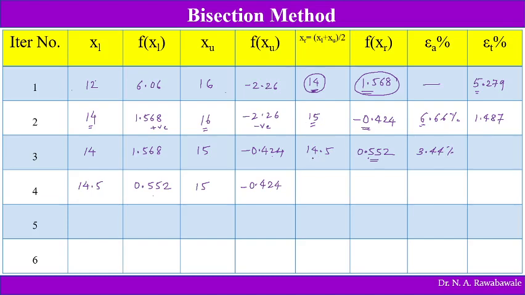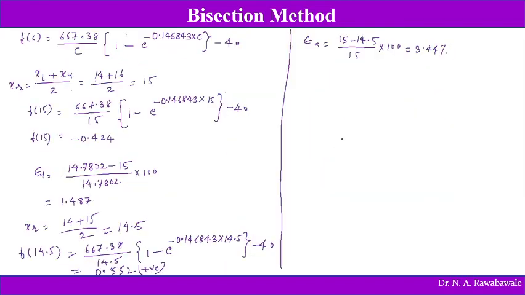Now we have to find the true error. The revised value of the root is 14.5. True value is 14.7802, so true error is (14.7802 minus 14.5) divided by 14.7802 into 100.